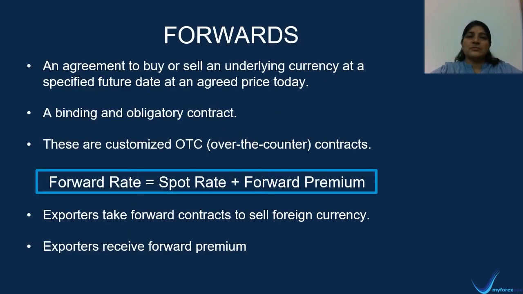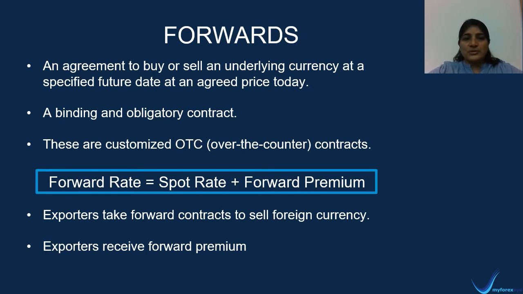The first basic derivative is the forward, which the bank offers to their client. It is executed over the counter and is binding and obligatory, as once entered into it has to be honored. The flexibility of customizing, that is the date and the amount, makes them popular when compared with other derivative products.